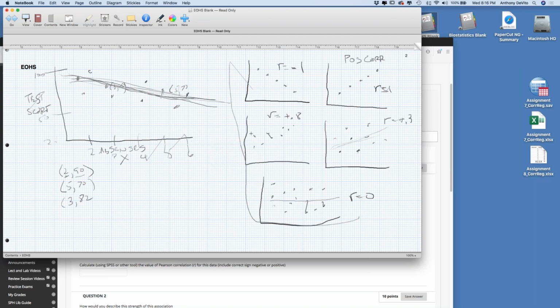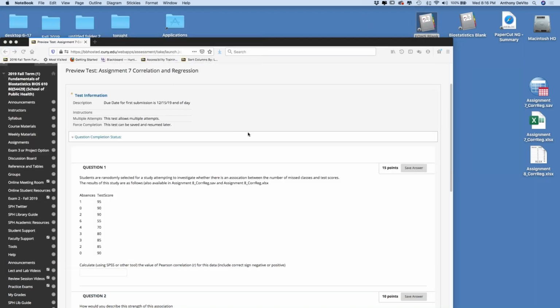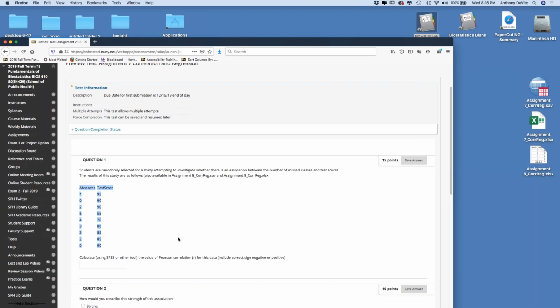So now I'm going to actually do this with the data that we have. You could literally just copy and paste this into SPSS, but we've given you the values in the data set. I just changed the name to assignment 7 so it goes with the right assignment number.